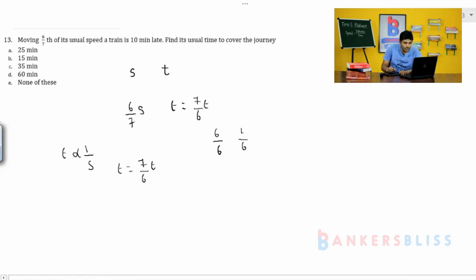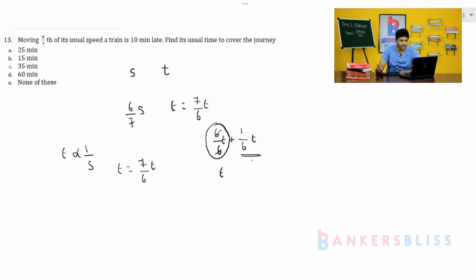That is 1. So, 6/6 plus 1/6. Here 6/6 is nothing but t only. So, this is the extra time you are getting: 1/6 of t is the extra time.